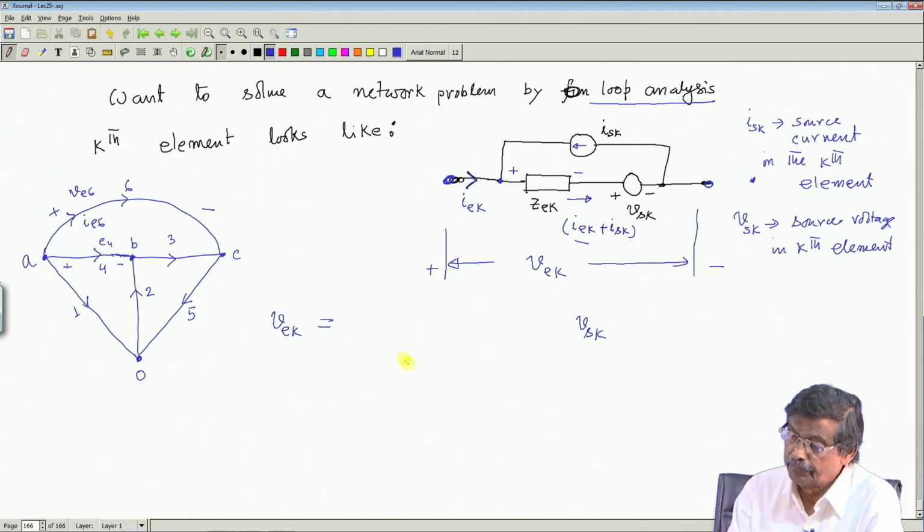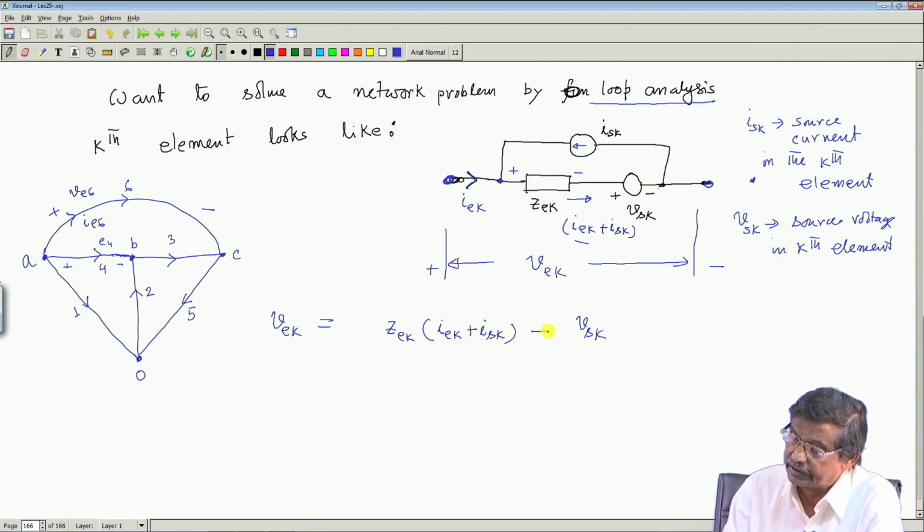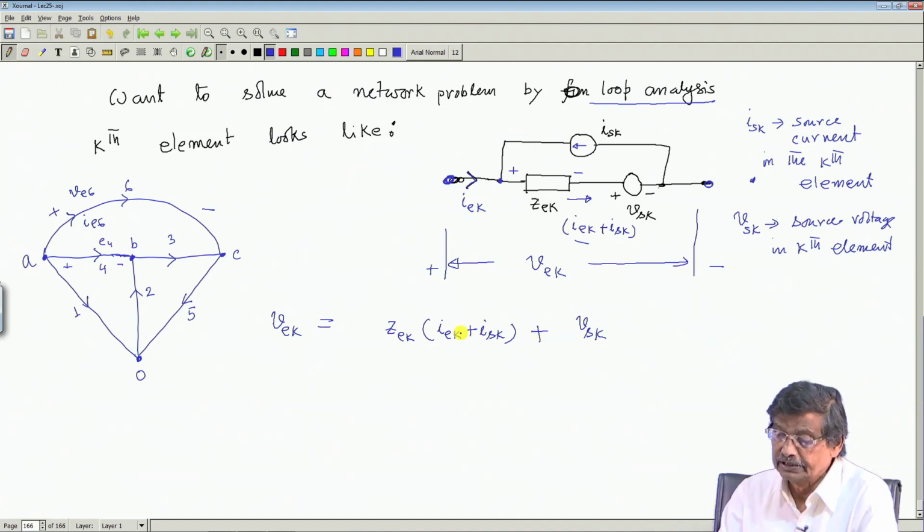This voltage drop will be ZEK into (IEK plus ISK), with this side plus and this side minus. So, minus to plus, both the terms are added up. So this will be equal to this elemental voltage.